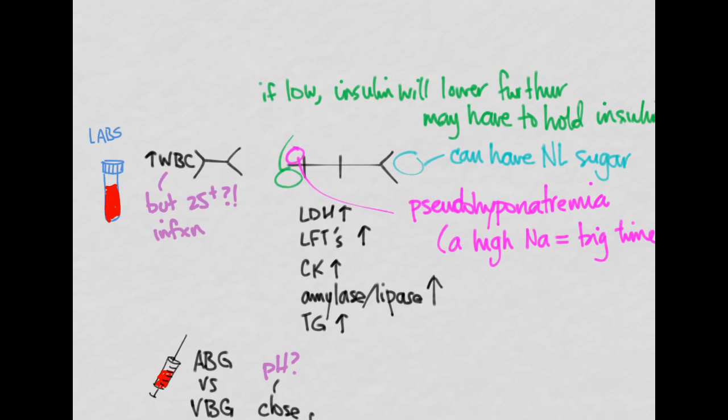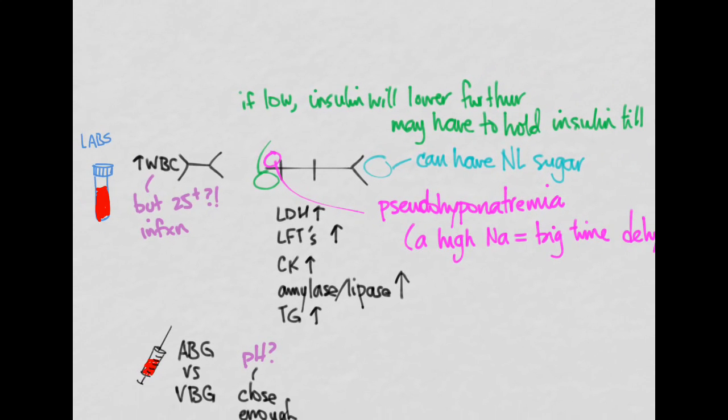So there are going to be some lab abnormalities we need to explain. The first thing is you're always going to see a white count that's elevated in these states. Just expect it. If it's over 25, this isn't a hard and fast rule, but worry about infections, and we know that infections are a common trigger of DKA and HHS, so I would be looking for an infectious source regardless.